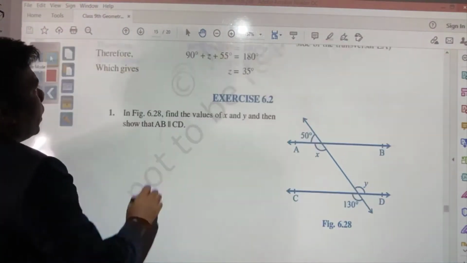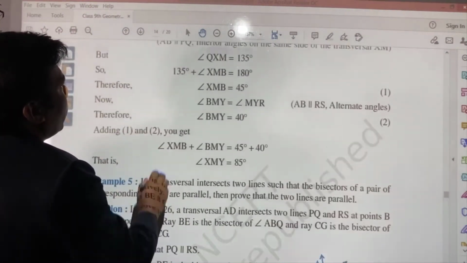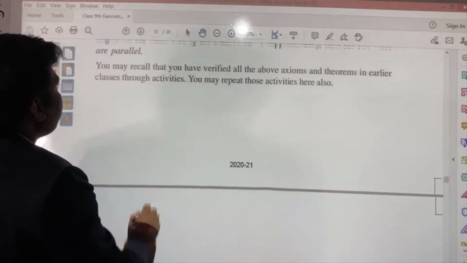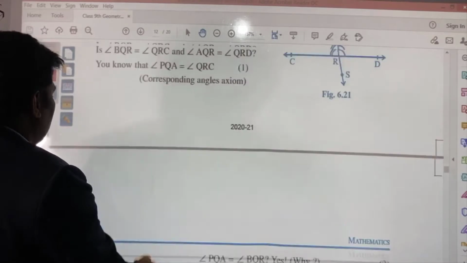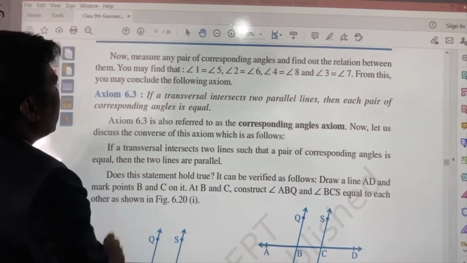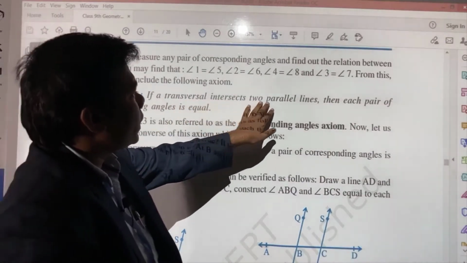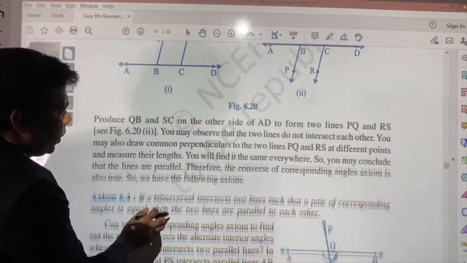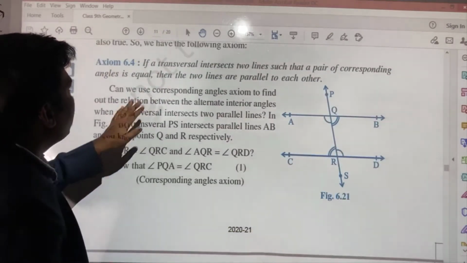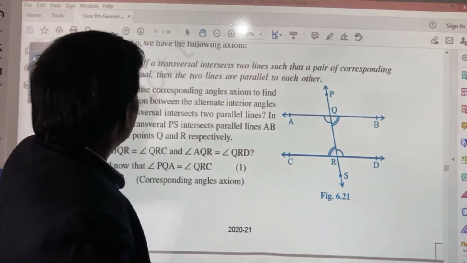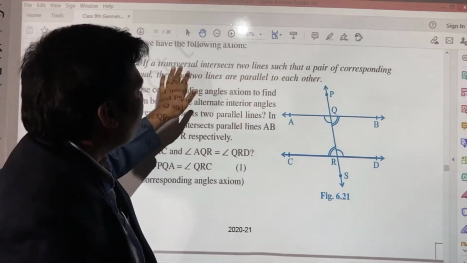If you remember your theorems, last day we had learned: if a transversal intersects two parallel lines, then each pair of corresponding angles is equal. This was one. Next, if a transversal intersects two lines such that a pair of corresponding angles is equal, then lines are parallel to each other.